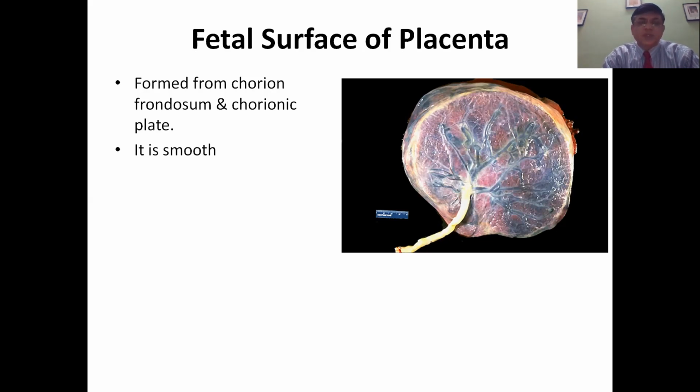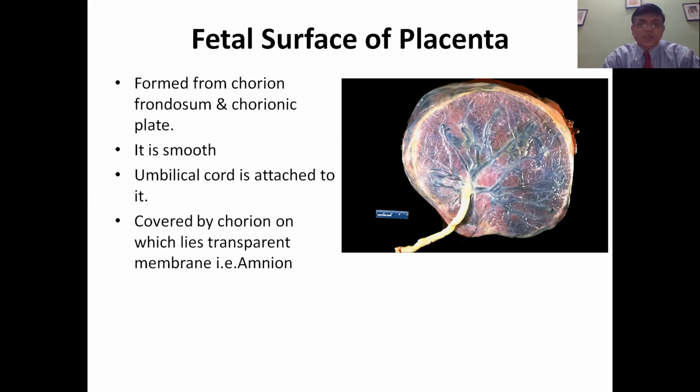Next point, this fetal surface of the placenta is smooth. The umbilical cord is attached to it. It is covered by chorion on which lies the transparent membrane, that is amnion.